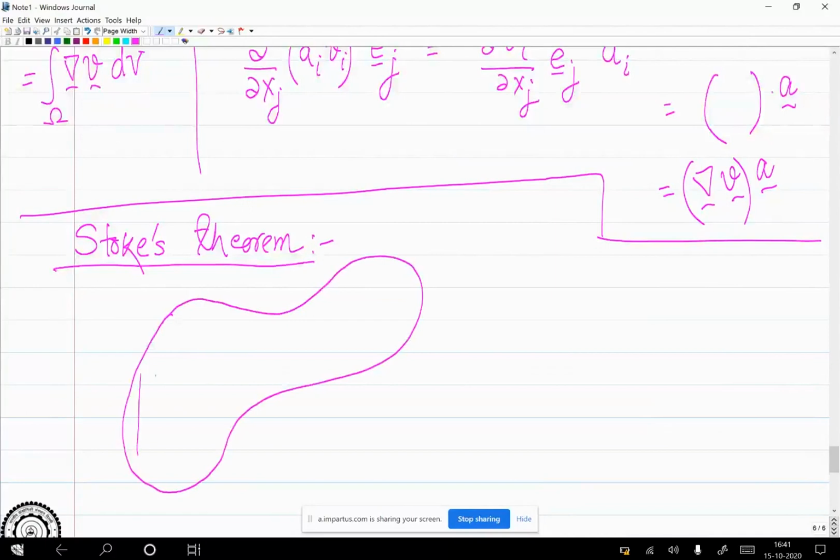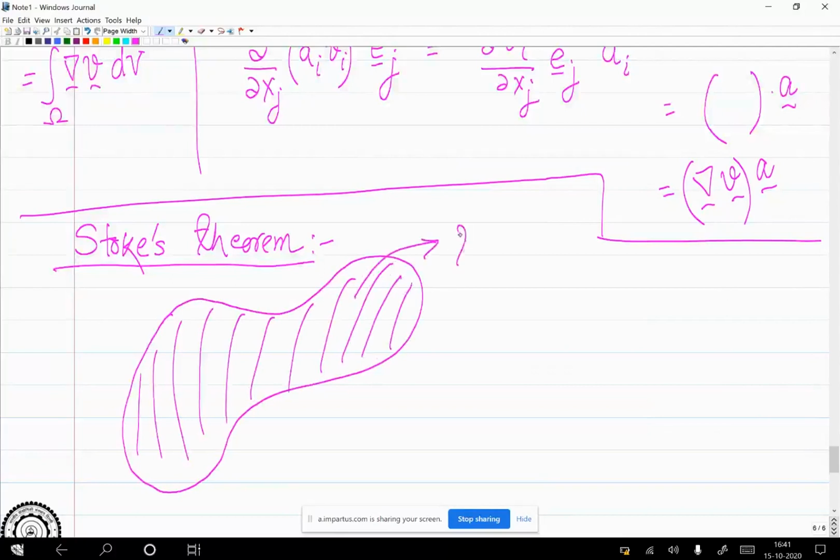So this is a surface, not a 3D body, it's a surface. And let's say I denote the surface here by omega. So you see, surface is omega here. Earlier omega was volume, but now your surface is omega. And the bounding curve, that's del omega.